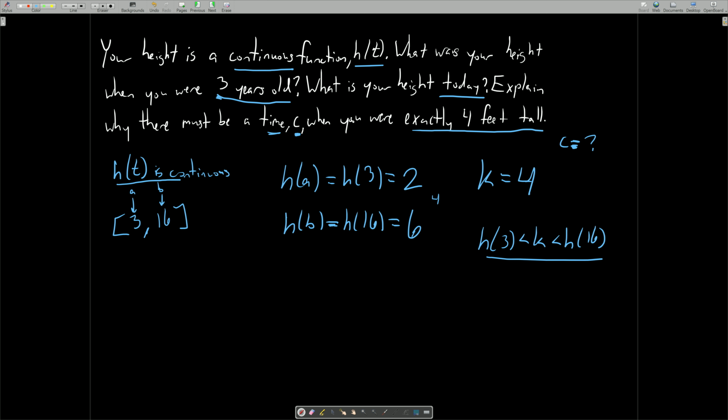These are 2 conditions for the intermediate value theorem. You have to have a continuous function, and k has to be in between this interval. And since these 2 conditions are fulfilled, that means that there must be a time c when you were 4 feet tall.